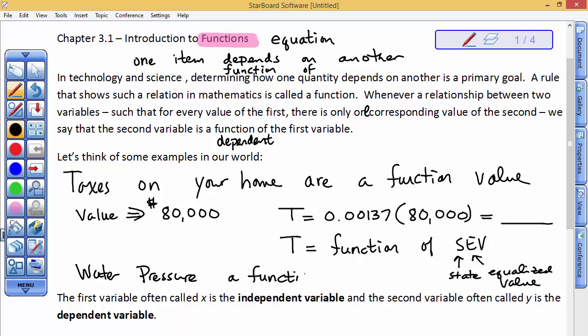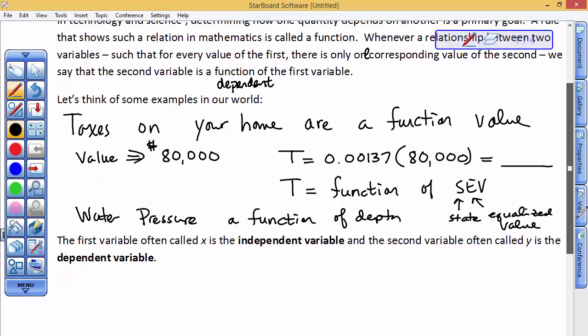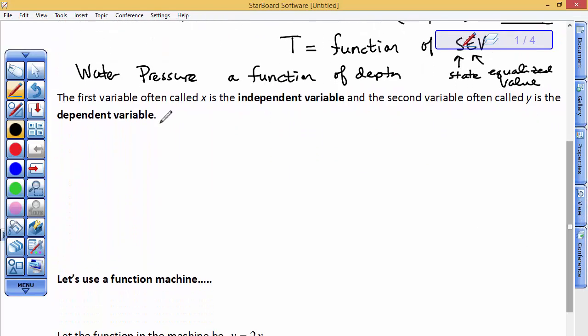So I'd like to now show you that we might write these statements, where x is our independent variable and the second variable, often called y, is the dependent variable, and we write that y is a function of x with this notation.